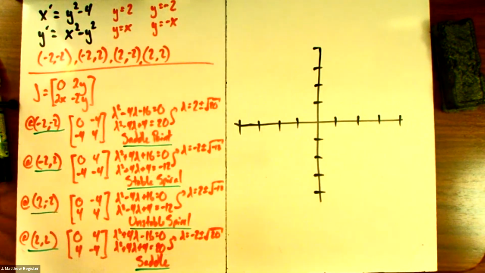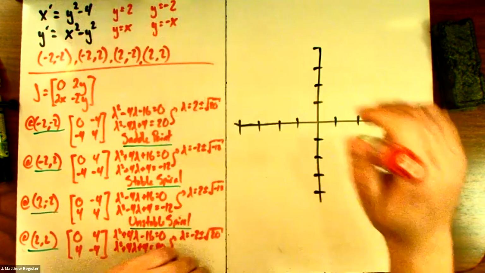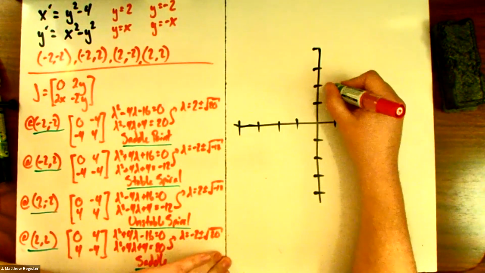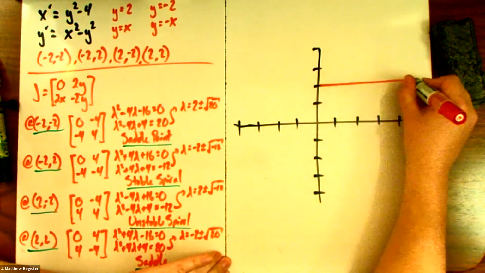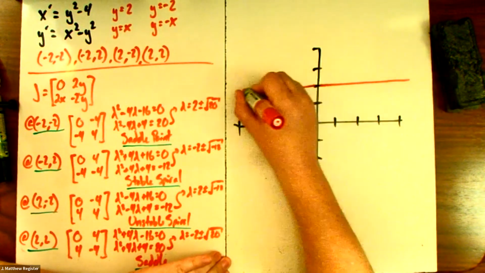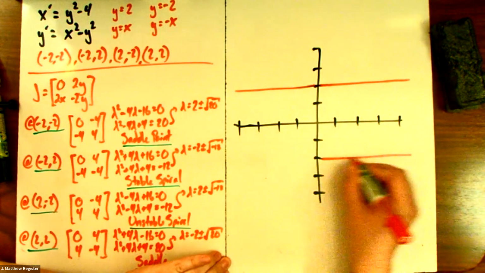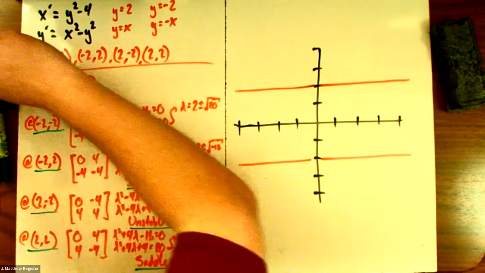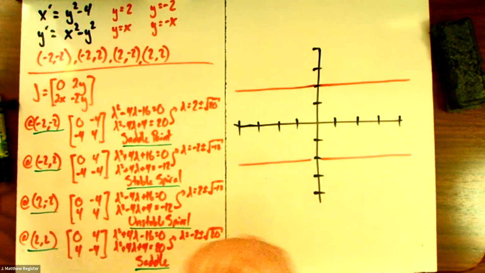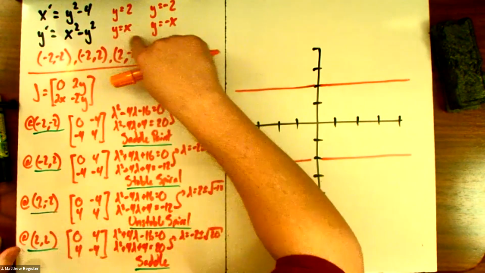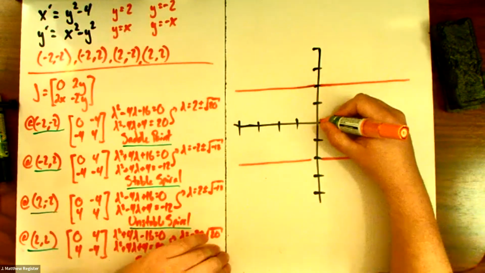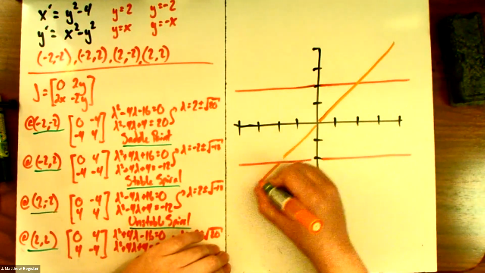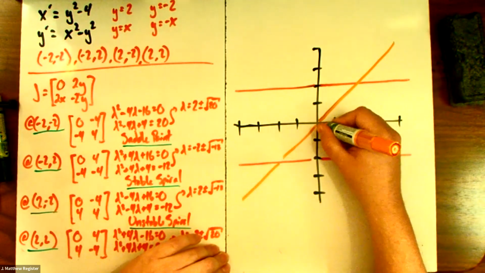For our x nullclines, it's going to be y equals 2 and y equals negative 2. I'll switch colors this time. For our y nullclines, it's going to be y equals x and y equals negative x.